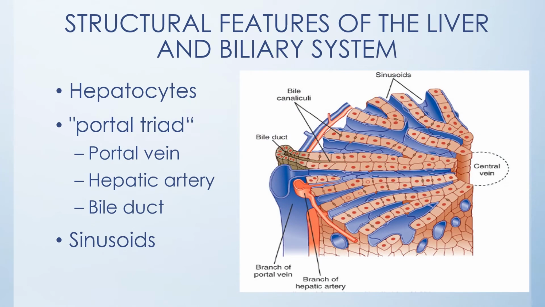So these are the structural features of the liver and the biliary system. The hepatocytes, the major cell type in the liver, are arranged in anastomosing cords that form plates, around which a large volume of blood circulates.